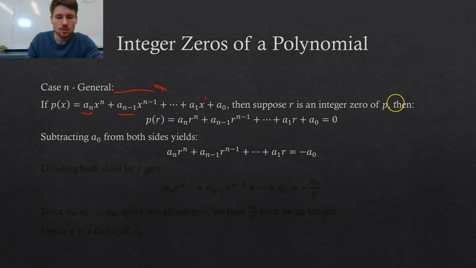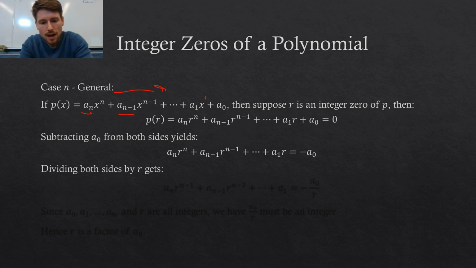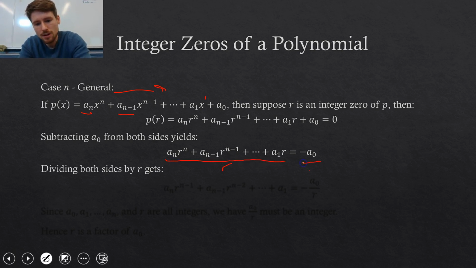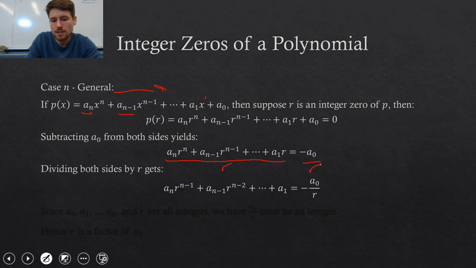Now we're going to do the same thing we did last time. We're going to divide both sides by r. So everything over here is divided by r, and everything over here is divided by r. What that does to the right-hand side is obvious. That's negative a0 over r, so that's easy to see.